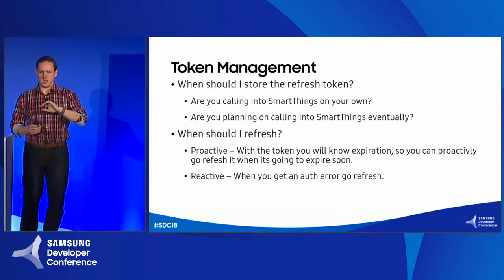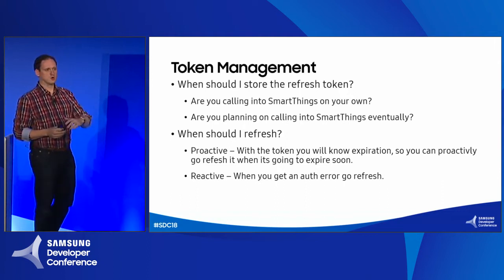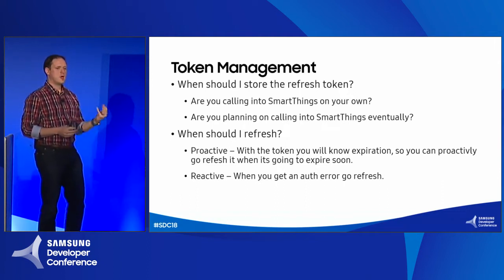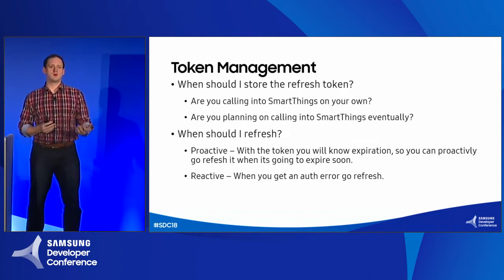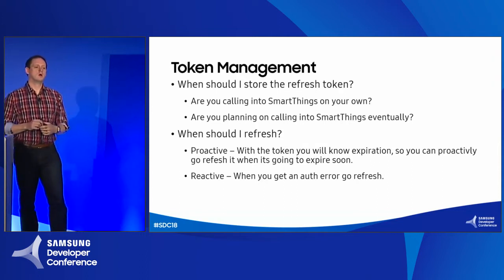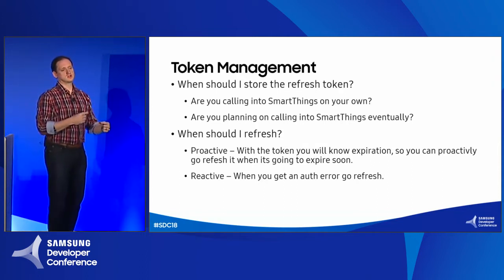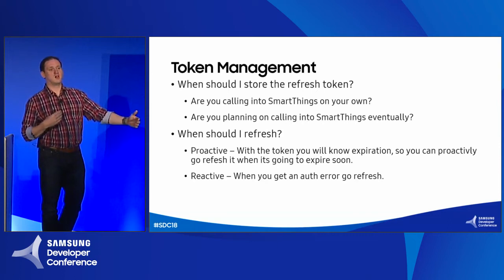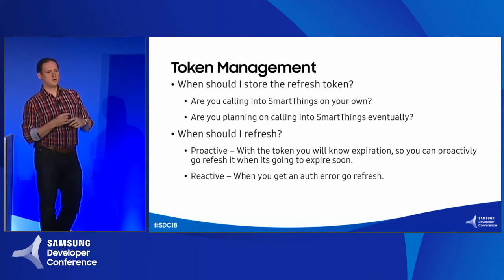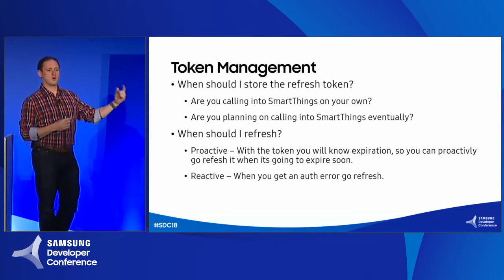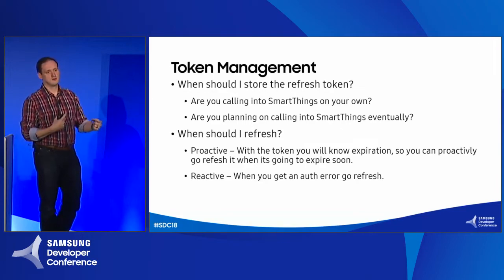And if you plan on building that in the future, you want to store a refresh token. Because if you have refresh tokens, you're able to keep that refresh token authorization chain alive. So you're able to keep calling us forever as long as you keep it active, unless the user revokes it.